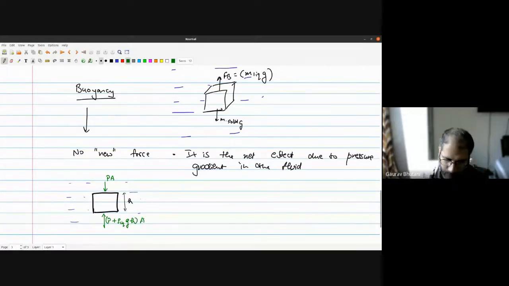Since we have taken a cube or a cuboid, the areas at the top and bottom will be the same.